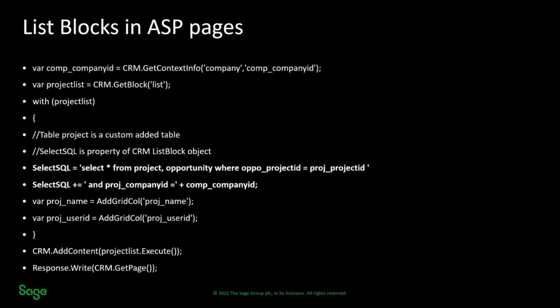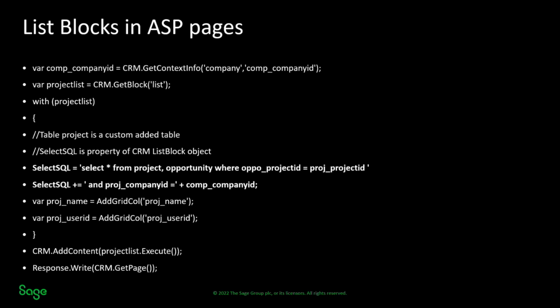API. Here you can see that I've got an example of a list block inside the system. Now, this list block is showing me that I could rely just on the default SQL associated with the list that exists in metadata, or I could change the SQL for that list.